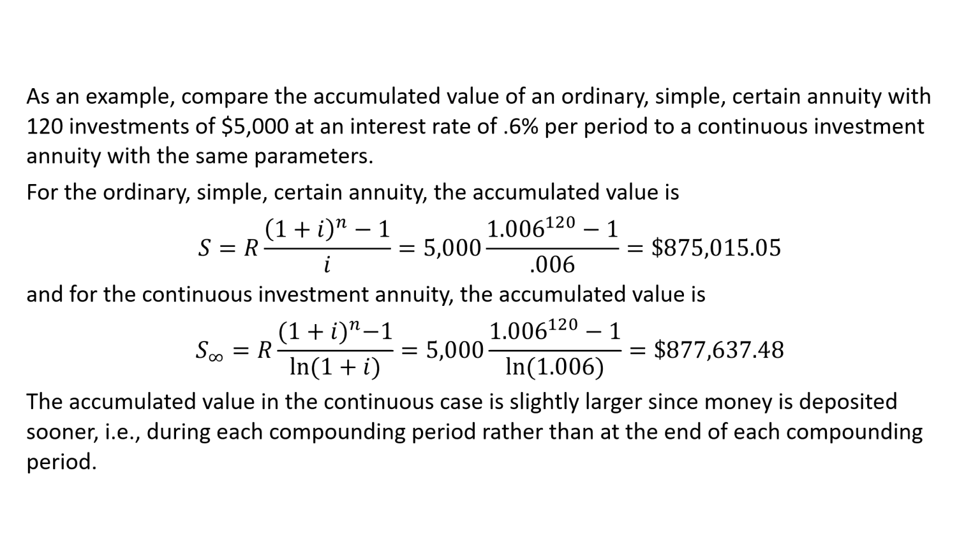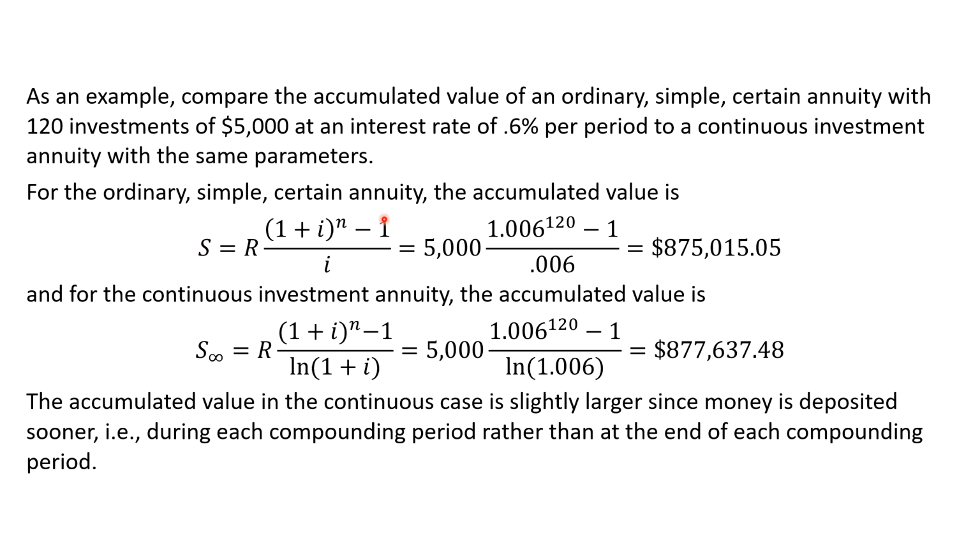So I have an example. We're going to look at two different cases, comparing the accumulated value of an ordinary simple certain annuity with 120 investments of $5,000 at an interest rate of 0.6% per period to a continuous investment annuity with the same parameters. So these are the two equations.